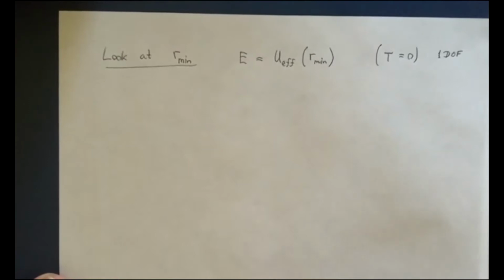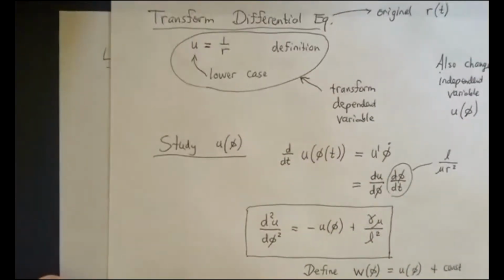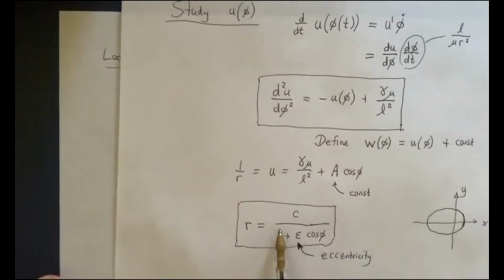Now you can write this out because you know from our formula, what is R min? What's the smallest R can get? The question is the same as what's the largest this denominator can be. The largest this denominator can be is 1 plus epsilon because cosine maxes out at 1.